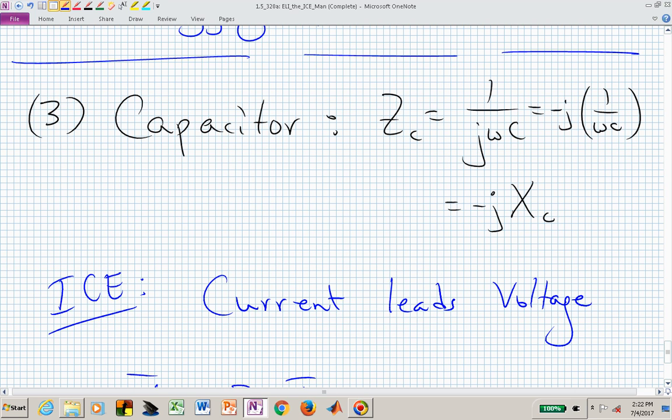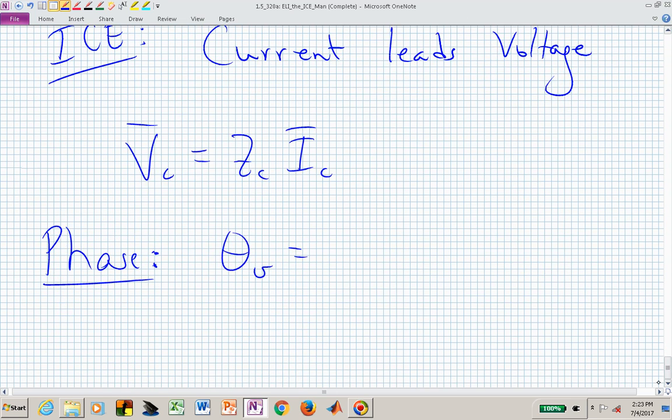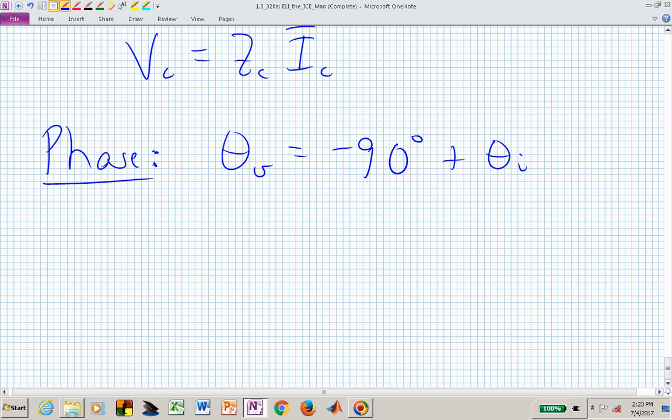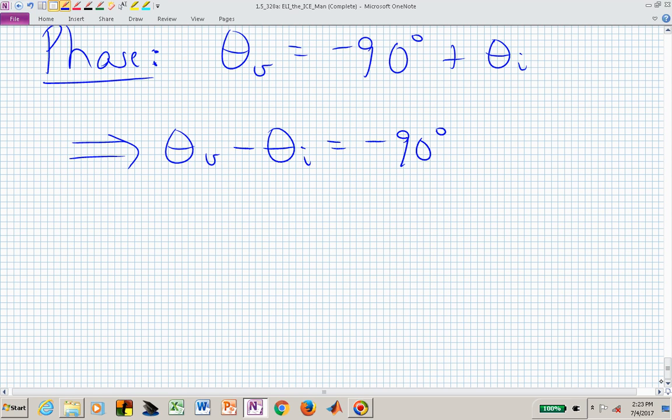So minus j is now in the lower half of the complex plane, or minus j for Z sub C's angle gives us minus 90 degrees, plus the angle of the current phasor. Or we can now see that if we subtract theta sub I from both sides, we have theta sub V minus theta sub I is minus 90 degrees. And we can now say, oh, this looks similar to what we had with our inductor.